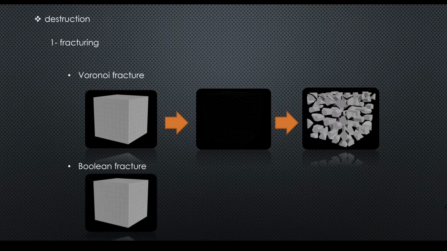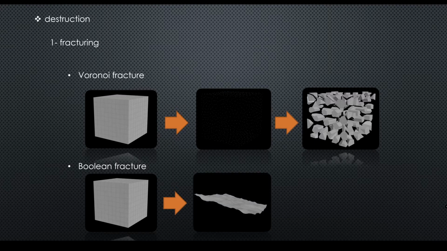And about the Boolean fracture, we still need an object like this, and then we have a second object that is our cutting object.